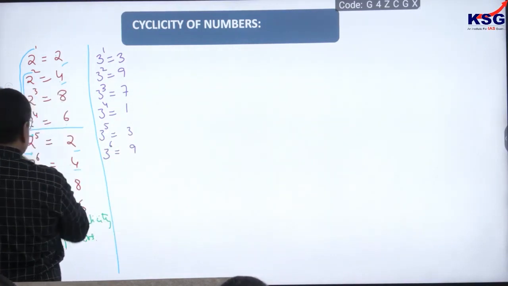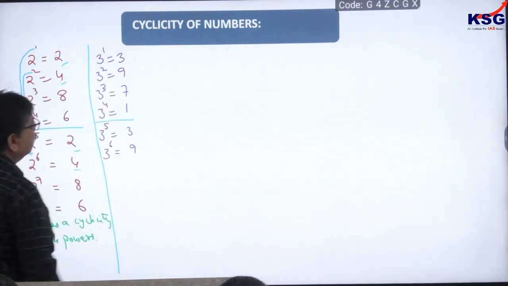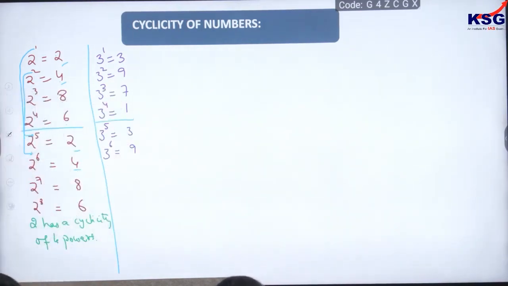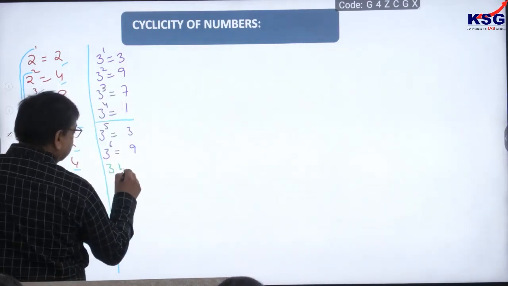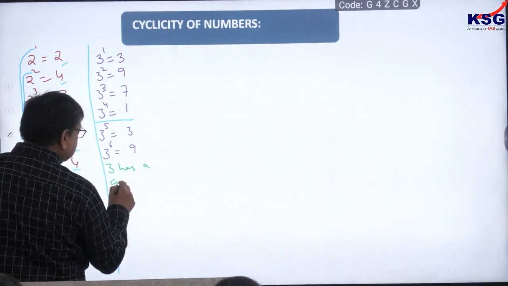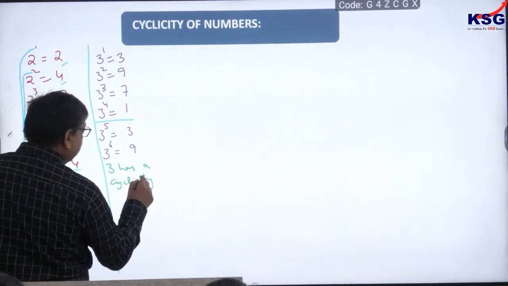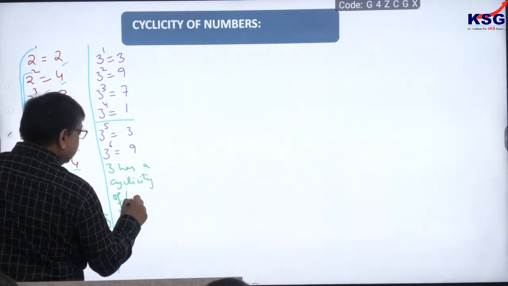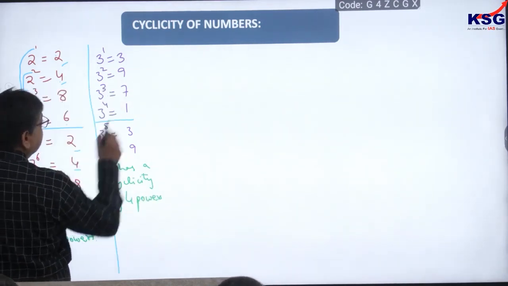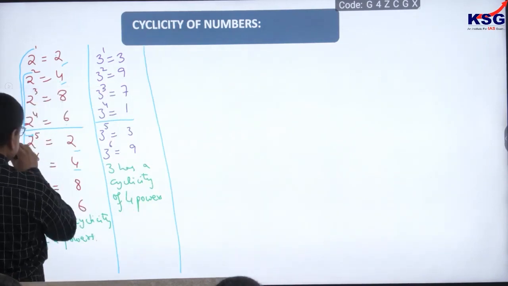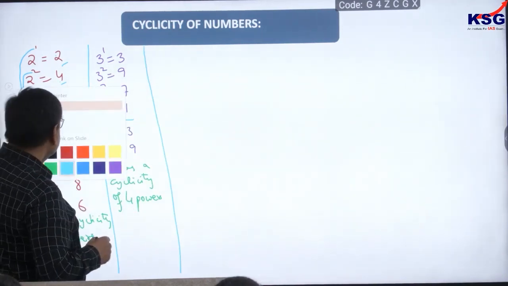Once again, what do you observe? 3, 9, 7, 1, 3, 9, 7, 1 will keep on repeating itself. So 3 has a cyclicity of 4, that is, after every 4 powers we are getting the same digit in the units place. Clear? Alright.